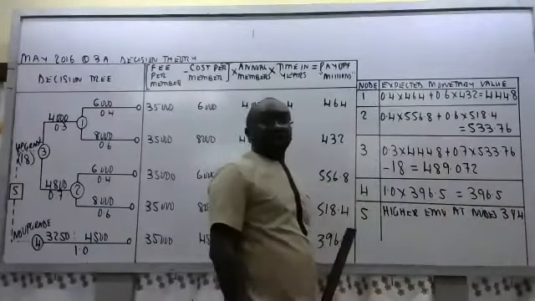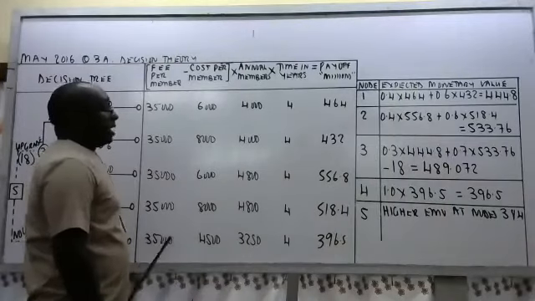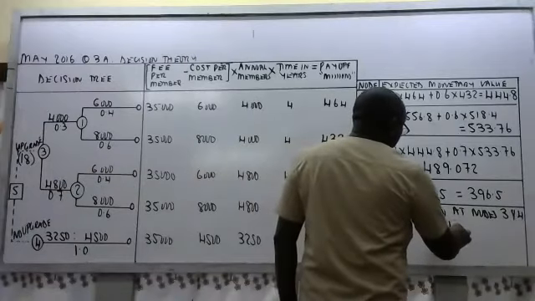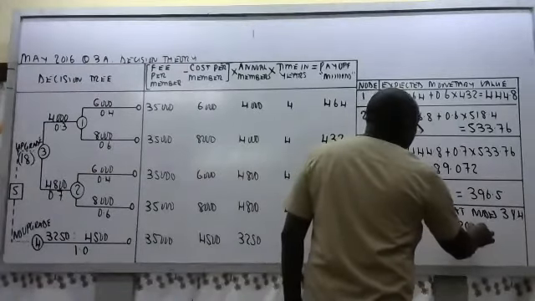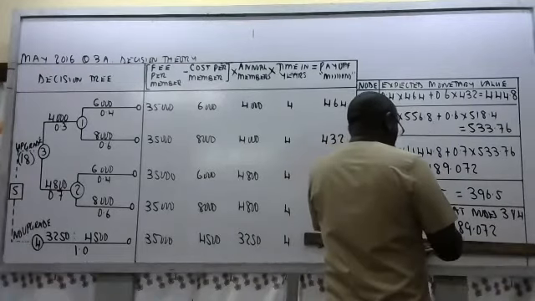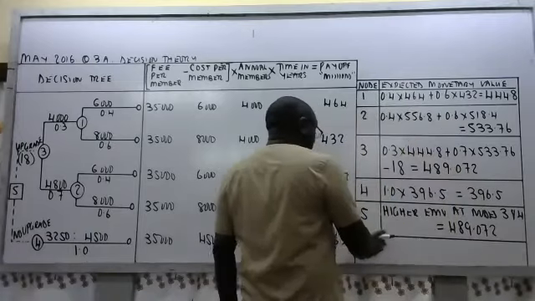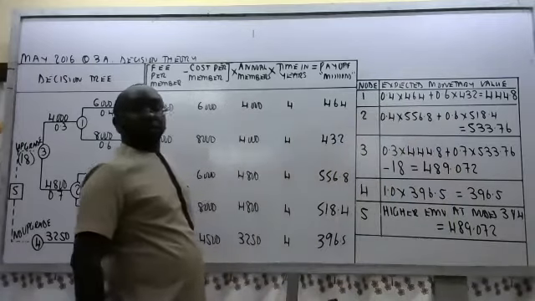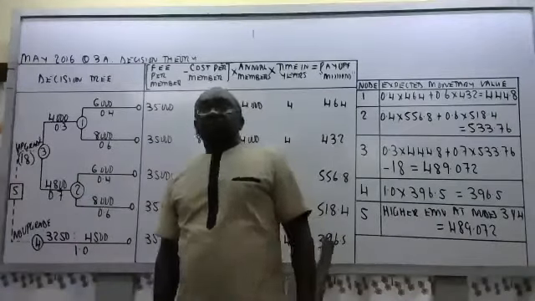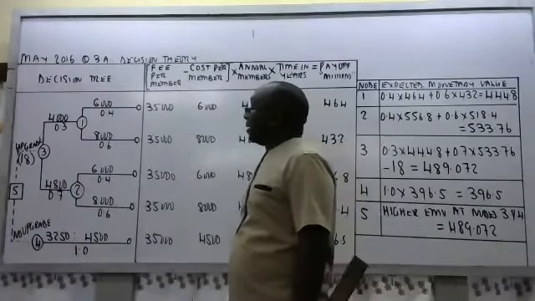In nodes 3 and 4, the higher is 489.072, and that 489.072 has been identified from number 3.